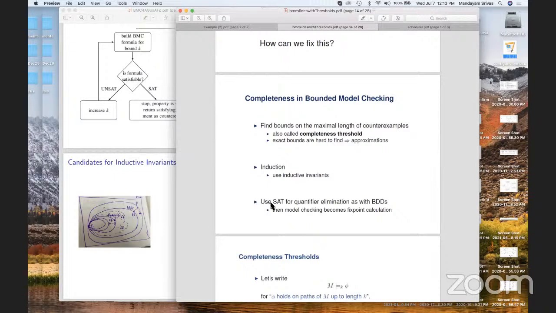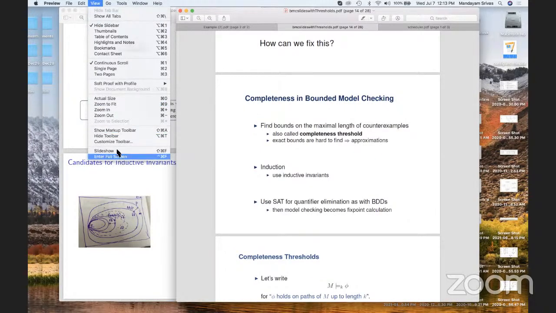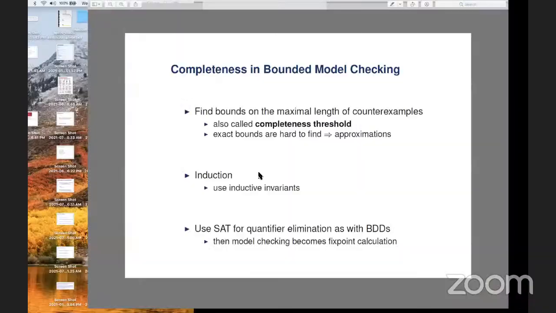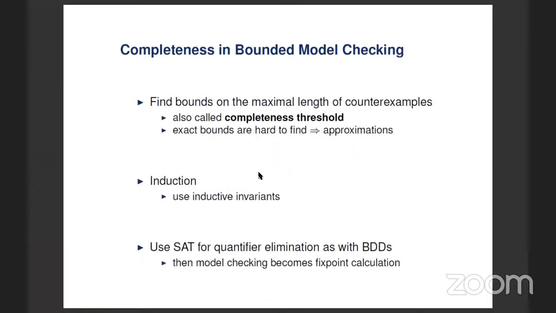I asked the reverse question: what is the disadvantage of doing image-based fixed point computation using SAT solvers? The reason, as I already explained, is that you'll have to do existential quantification elimination in each step.